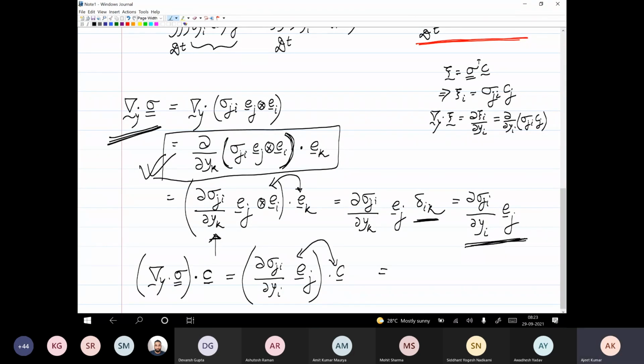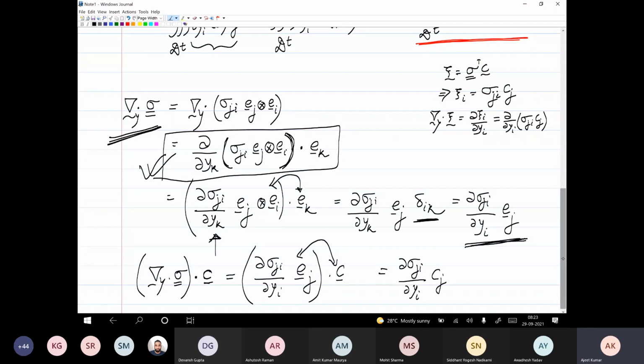When you dot these two vectors, C dot ej will give you Cj, the component of C along ej. And therefore this becomes del sigma ji over del yi into Cj.